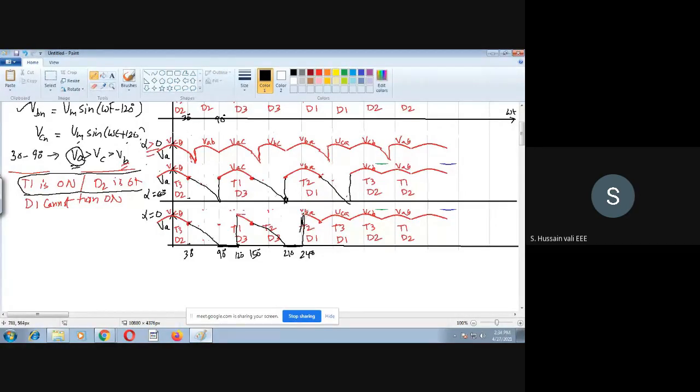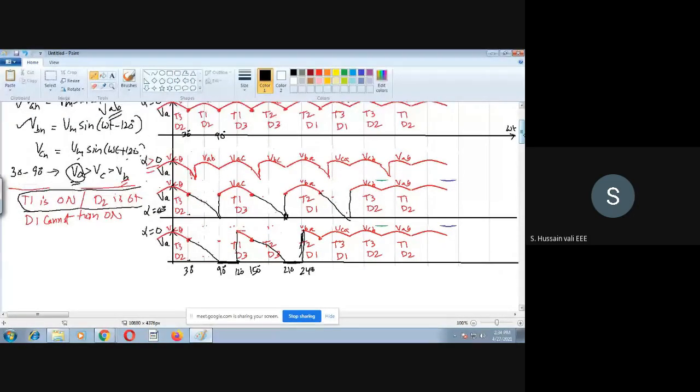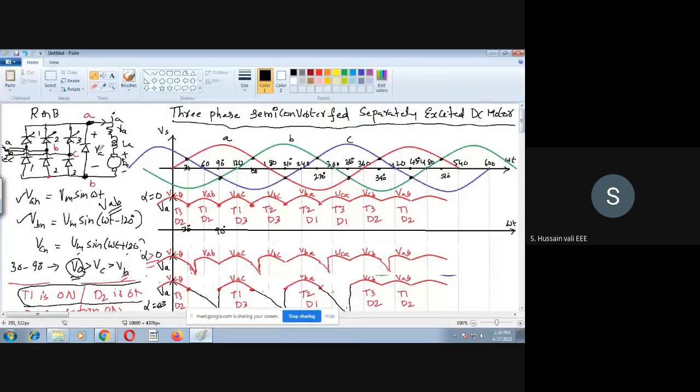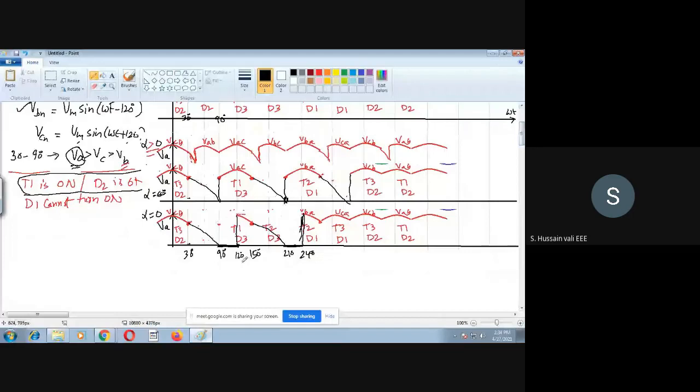So during this, from 90 to 120, the output voltage is 0. Output voltage is 0 in the sense, you see yourself, the freewheeling diode is conducting. Because output voltage is 0, the freewheeling diode will conduct. So here the freewheeling diode will conduct. Here also the freewheeling diode will conduct. So this is how it flows.